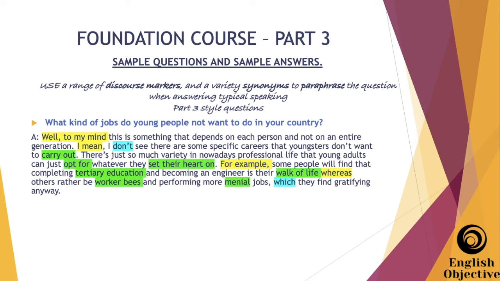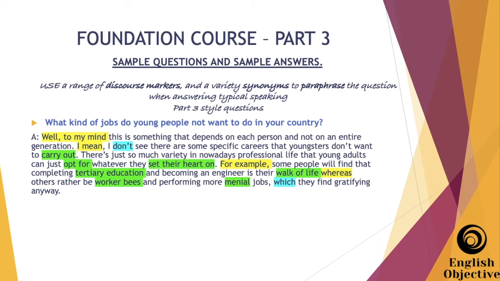So now I'm using a discourse marker to introduce the different view, the different perspective of the same situation. Whereas others rather be, so others prefer to be, okay? So rather is a very nice synonym of prefer. To be worker bees means to be employees, to be workers basically, and performing more manual jobs.